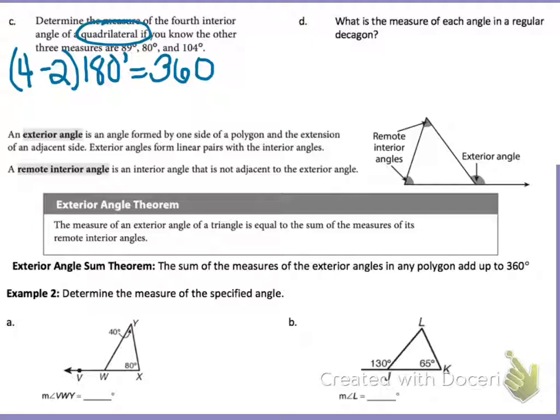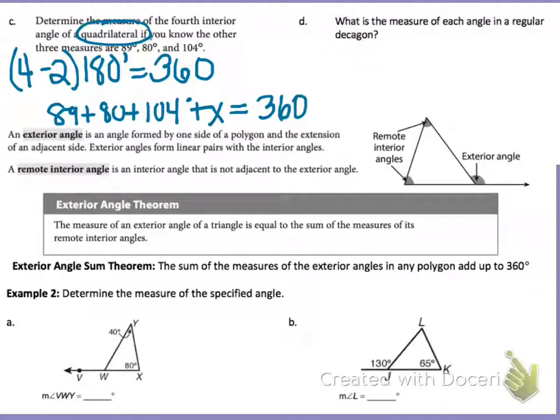So all I'd have to do is take the 360 degrees and add them up. So I know that 89 plus 80 plus 104 plus this unknown angle, let's say we call it x, would have to add up to 360 degrees.